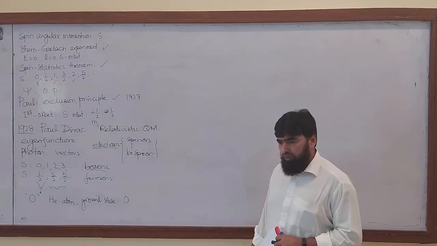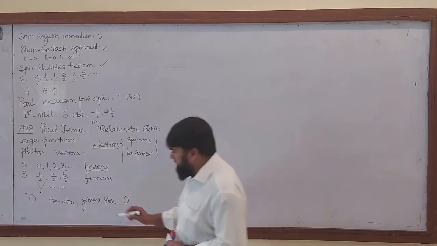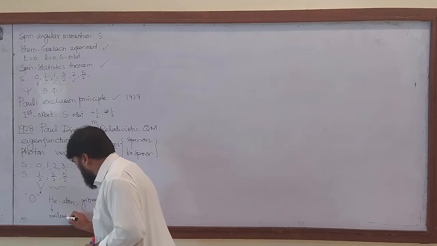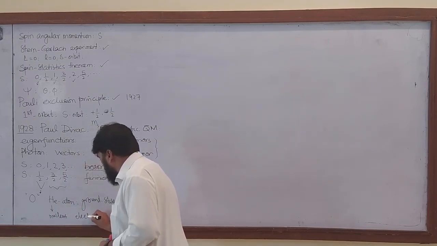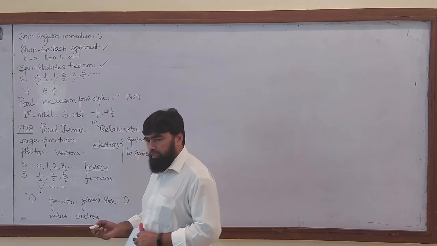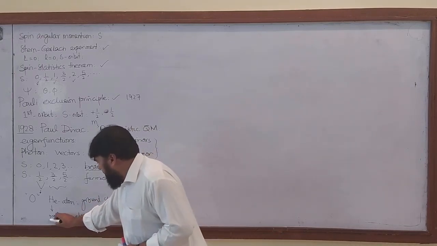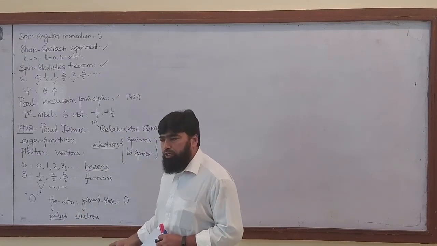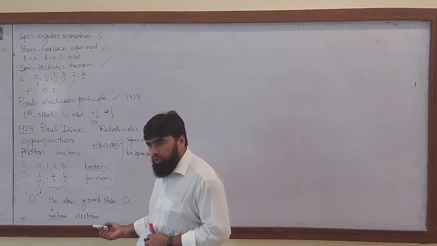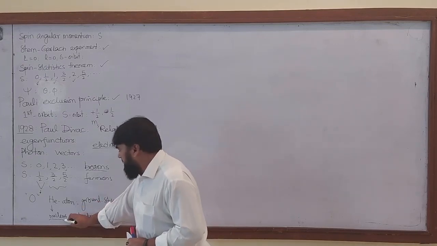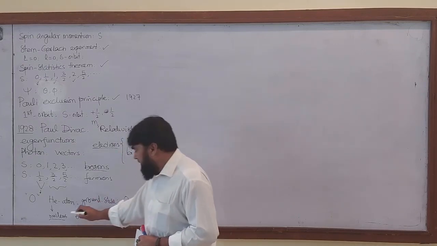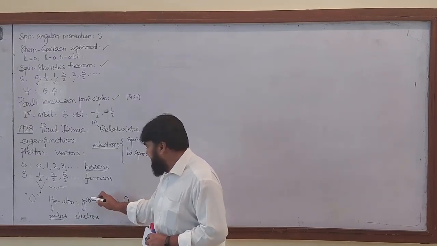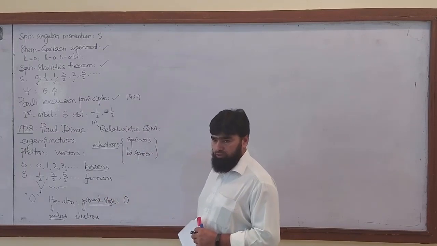Now what is helium? Helium is composed of a nucleus and electrons. You know about this. Now the nucleus is proton and neutron. Protons and neutrons are actually made of quarks. So quarks are fermions, electrons are fermions, but their combined effect gives you a boson.